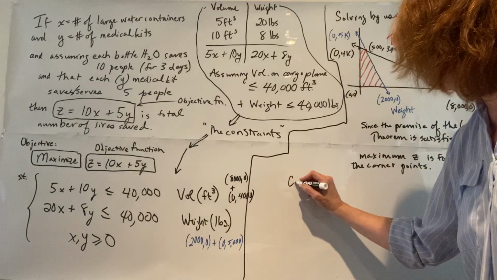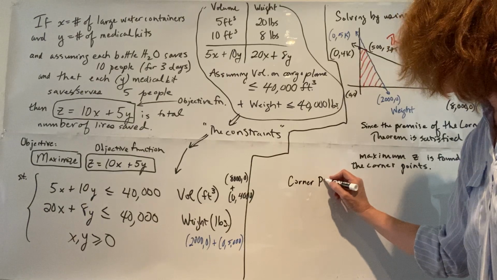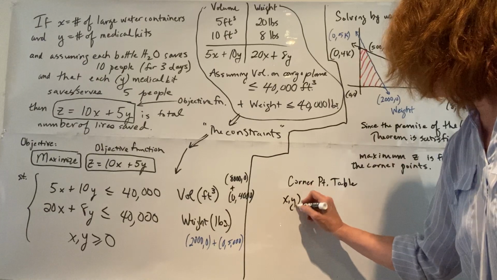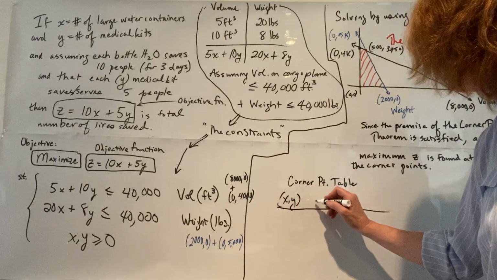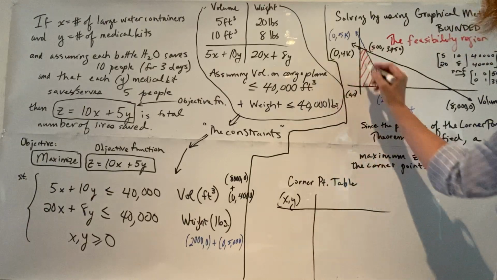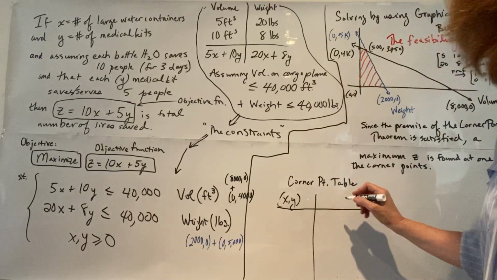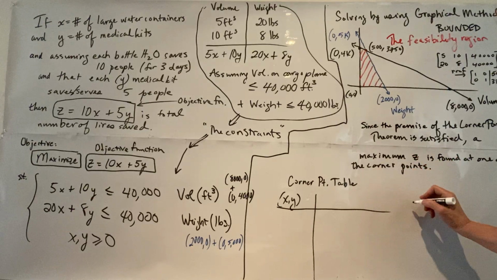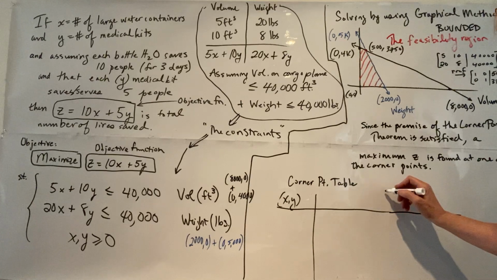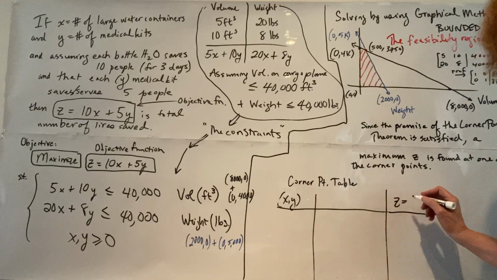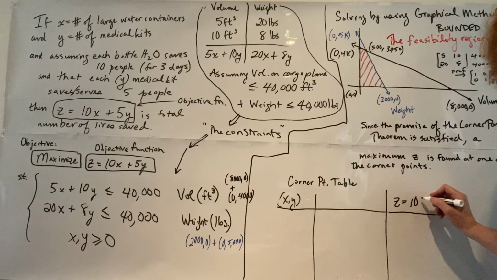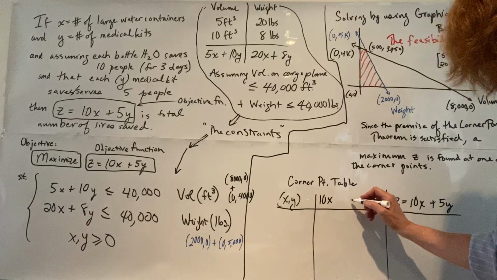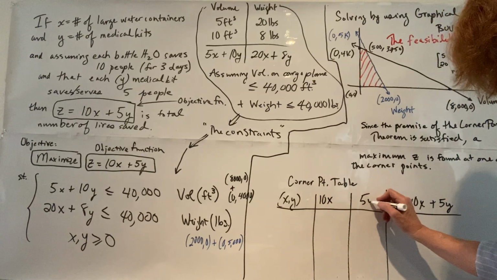So now we make a corner point table. You need the x and y coordinates of each one of your corner points. There are 4 of them here. Now you need to think about what we're maximizing. We are going to be maximizing z, which is equal to 10x plus 5y. So we really need a 10x column, and we need a 5y column.